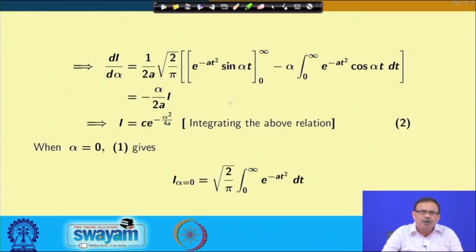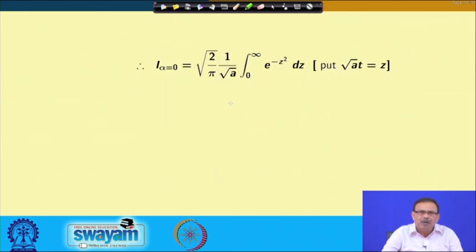Whenever alpha is 0, I at alpha equals 0 is this integral. If I put root a into t equals z, I obtain the integral from 0 to infinity of e power minus z square dz, whose value is root pi by 2. So ultimately I at alpha equals 0 is 1 by root 2a.